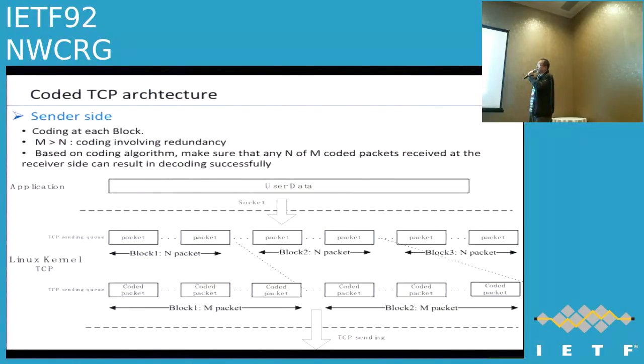Each coding block contains the same number of original packets, which we encode using coding algorithms. In this example, each coding block has n original packets and the output is m coded packets. We make sure that m is greater than n in order to avoid redundancy.